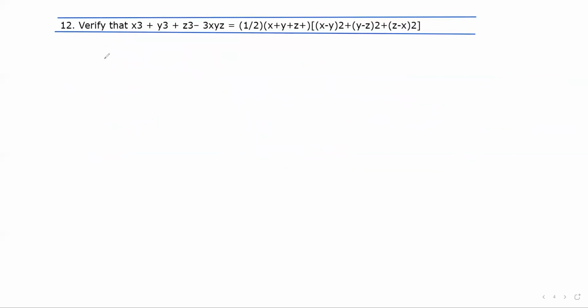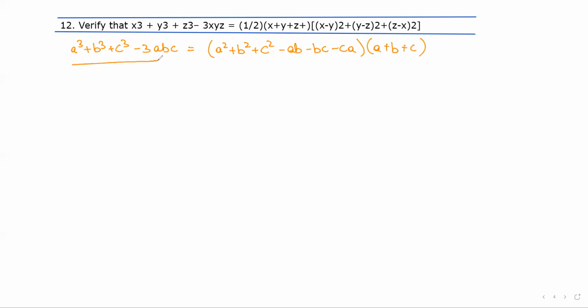Now, next question. Here you have to verify whether your LHS is equal to RHS. Again using the same formula, let's write the formula. The formula says a cube plus b cube plus c cube minus 3abc is equal to (a square plus b square plus c square minus ab minus bc minus ca) into (a plus b plus c).